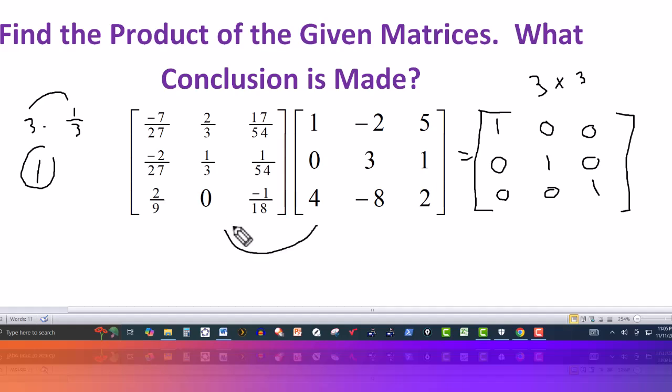Now in this case, we multiplied these out, and we got the identity. So these actually have to be inverses. So if I call this one A, then this has to be A inverse. Or vice versa, if I call the first one A, then the second one is the inverse. So the conclusion again is that these two matrices are multiplicative inverses of each other.